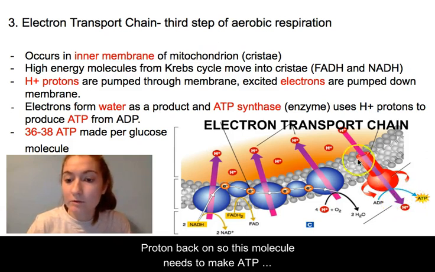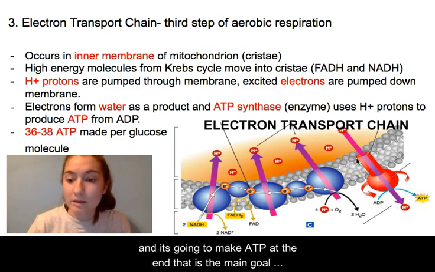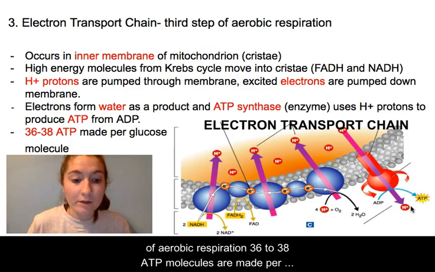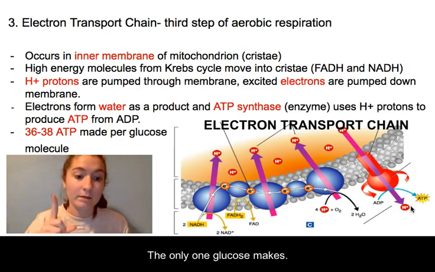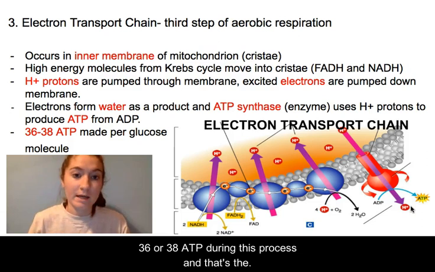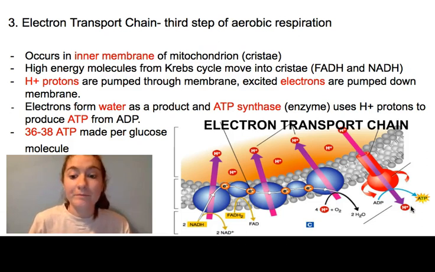So this molecule means to make ATP, and it's going to make ATP at the end. That is the main goal of aerobic respiration. 36 to 38 ATP molecules are made per glucose molecule. Okay, so only 1 glucose makes 36 to 38 ATP during this process, and that's a lot.